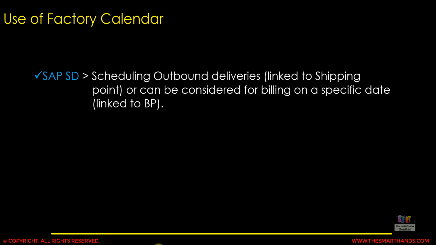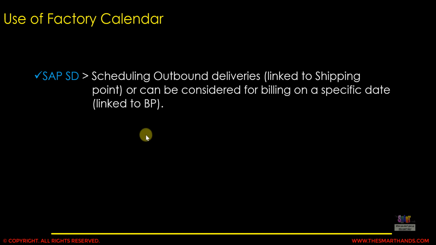When we link it to the shipping point, that's how the system understands that this shipping point is only working 5 days a week, Monday to Friday. We also need to tell the system the public holidays for this shipping point, so that shipping will not be planned on them. So when the sales order creates an order confirmation, it will look for the holidays and only plan the deliveries on work days, not on a holiday.